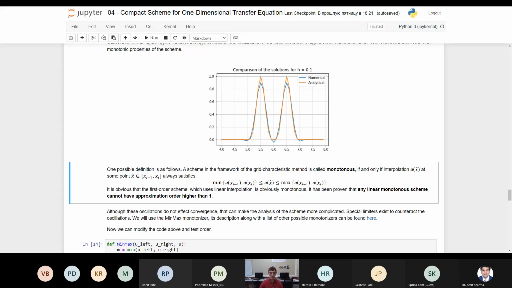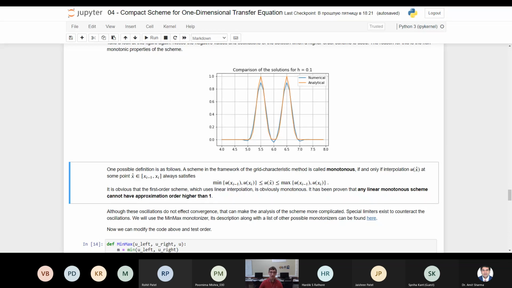And basically, if the interpolated value is between the minimum and maximum of the values on the boundaries, then this scheme is called monotonous. If this property is not present, if it doesn't hold for certain situations, then the scheme is non-monotonous.